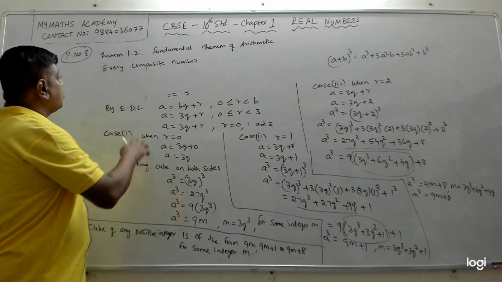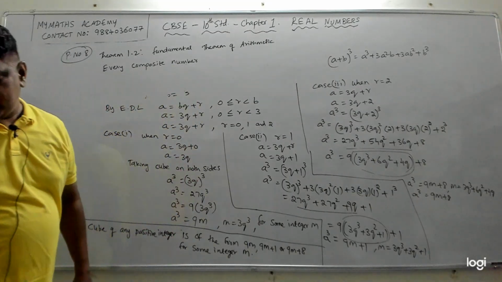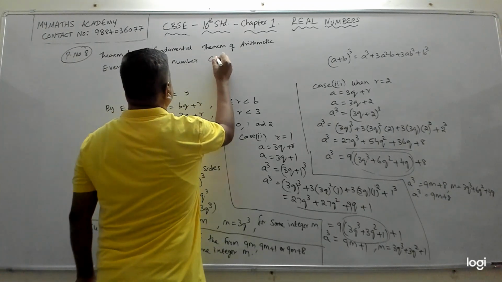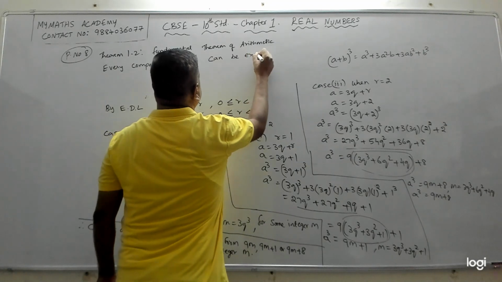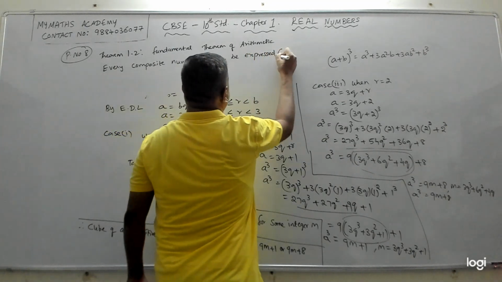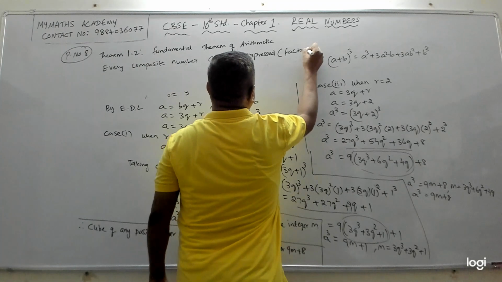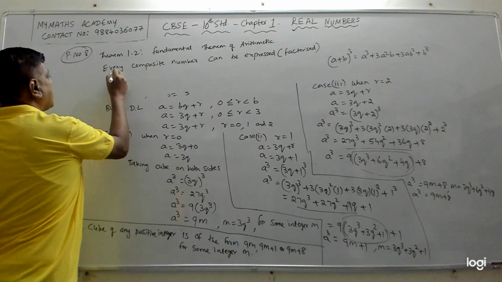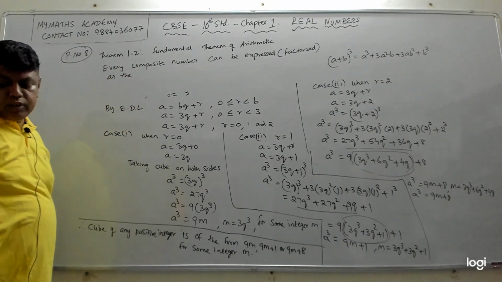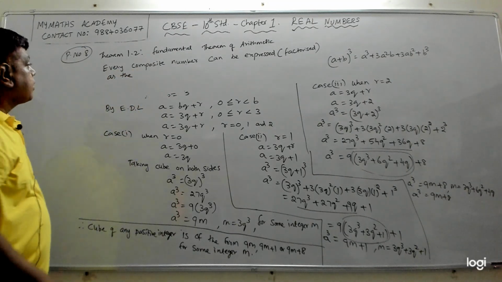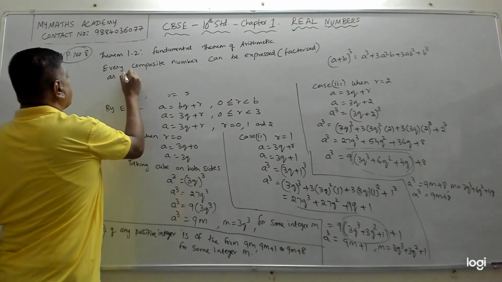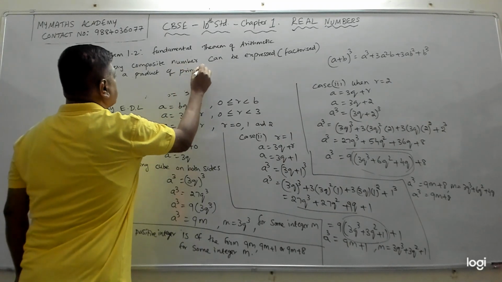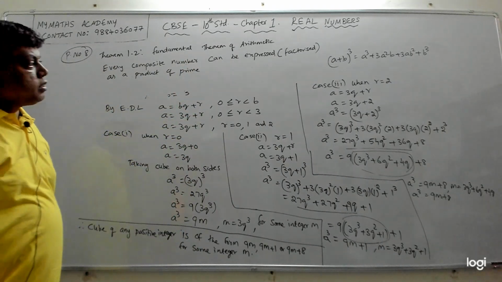Right? So every composite number can be expressed, or in brackets factorized, as a product of primes.